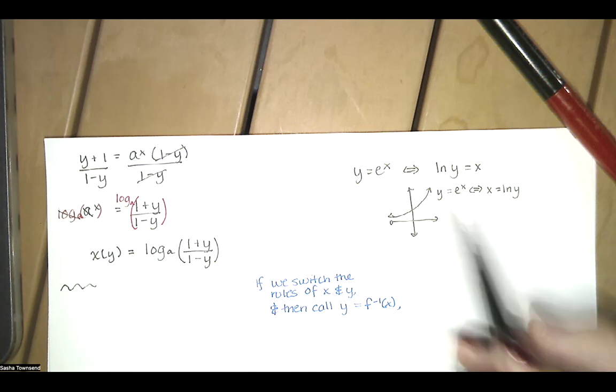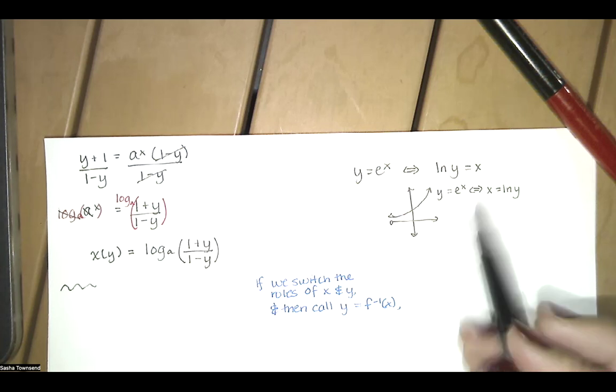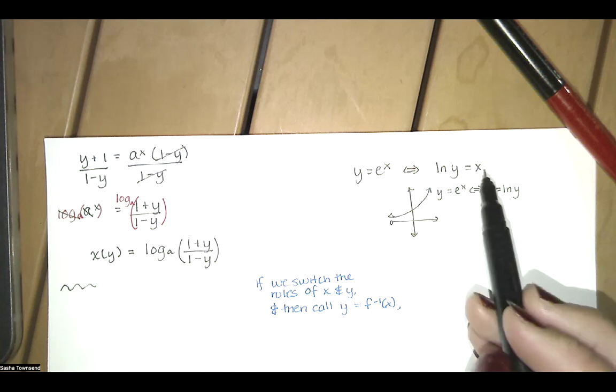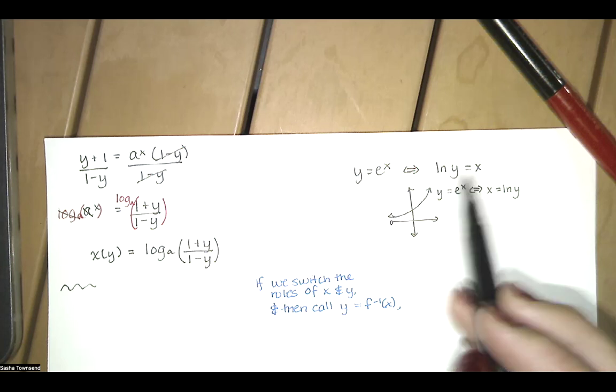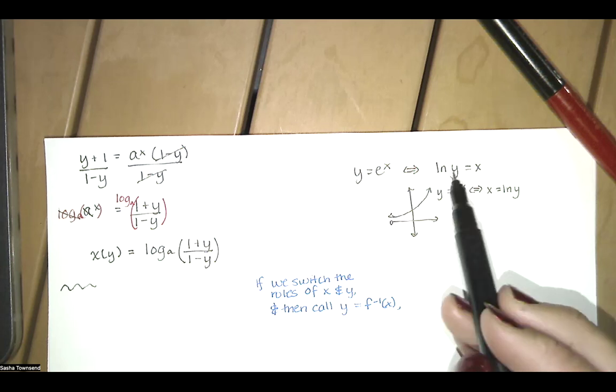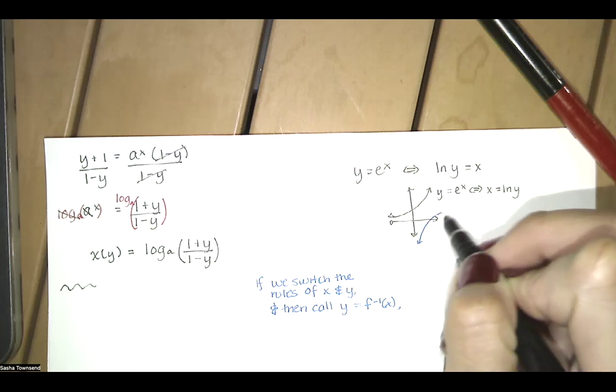Then the inverse of y equals e to the x is y equals natural log of x, which comes from taking this x as a function of y and switching the roles of x and y. So if I switch the x and y here, I'd have y equals natural log of x, which is the inverse of e to the x. And then if I graph it, it looks kind of like that.